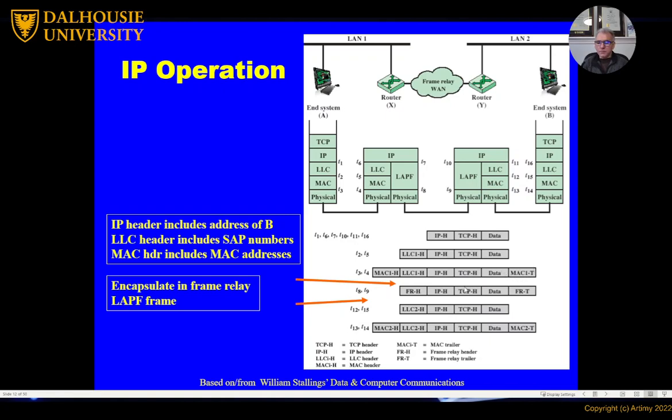And then when we pass it between T8 and T9, we have the header of the frame relay and the trailer, and then it goes back to the Ethernet again. So you will see here that what was common is the IP. The IP part didn't change. The IP frame and what's inside it, which is TCP and data, did not change throughout this.